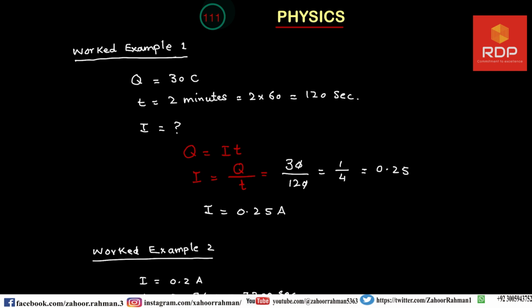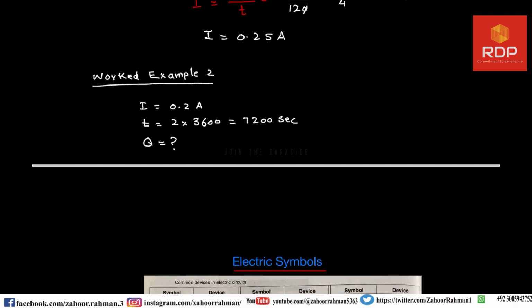Let's turn our focus to the second worked example, and the second worked example is saying that the current in a lamp is 0.2 ampere. So for you people I have written it here: I is equal to 0.2 ampere. If the lamp is switched on for 2 hours, here the unit is hours, we have to convert it to seconds.